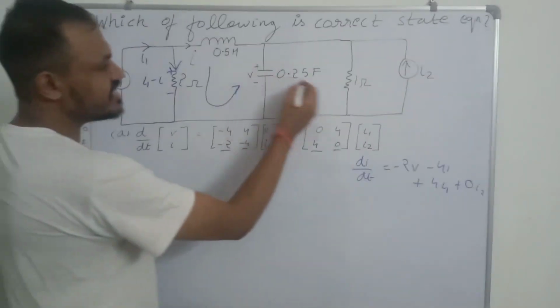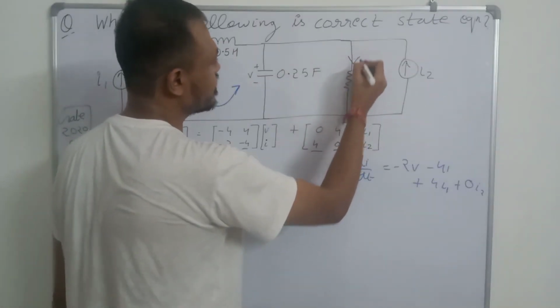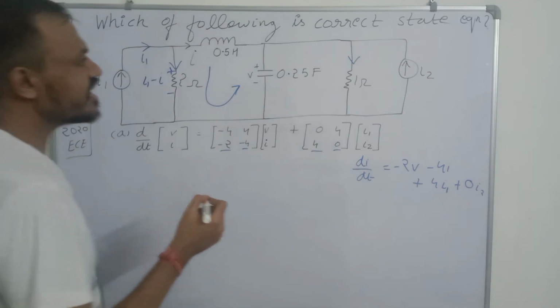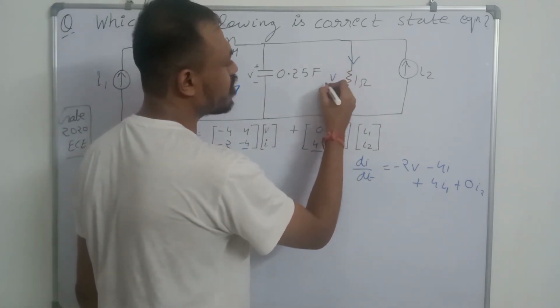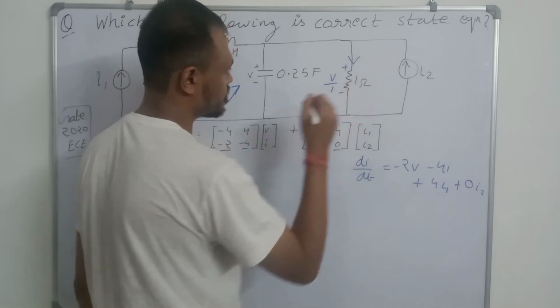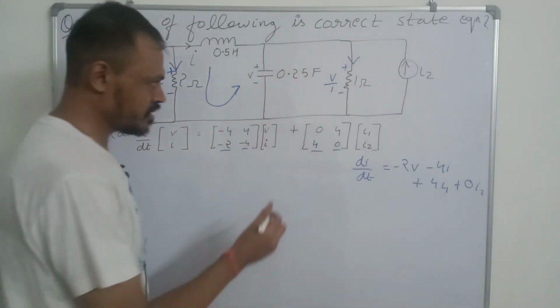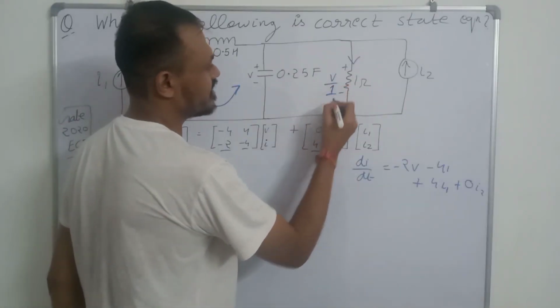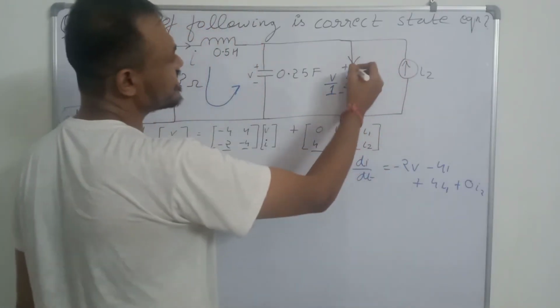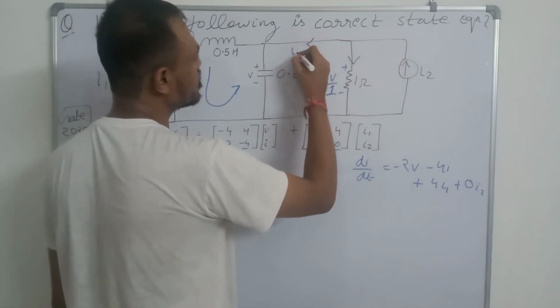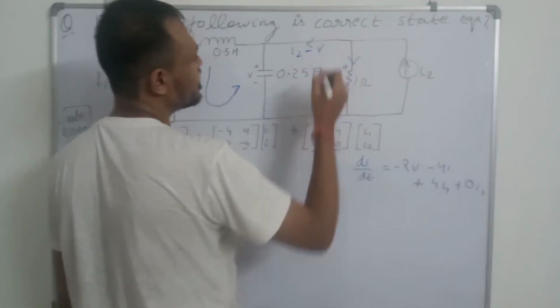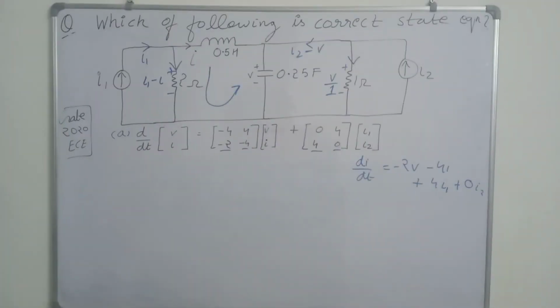This voltage is V, so this outgoing current will be equal to V upon 1, because this voltage is V. And this current is I2, so this current will be equal to I2 minus V.